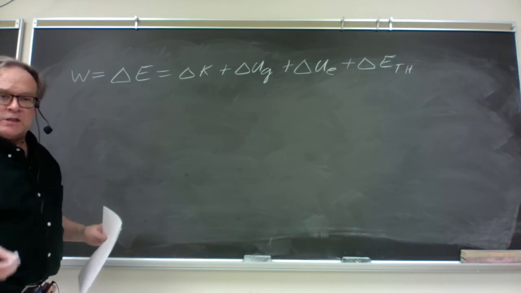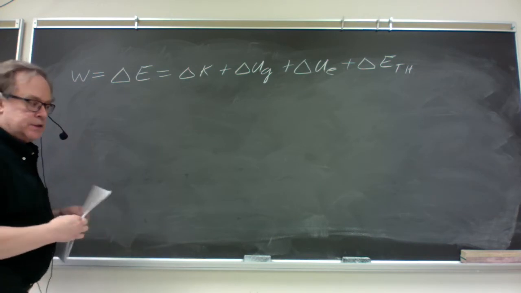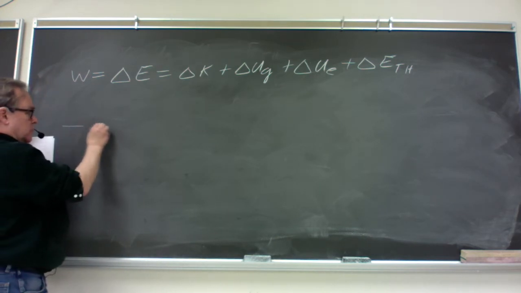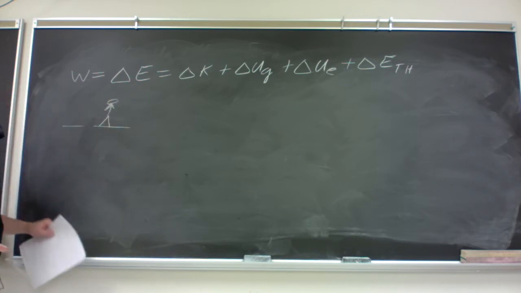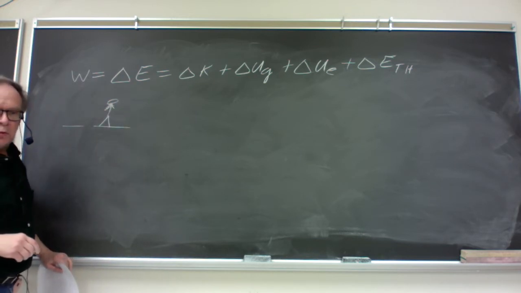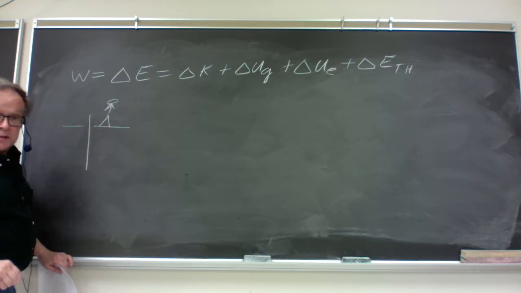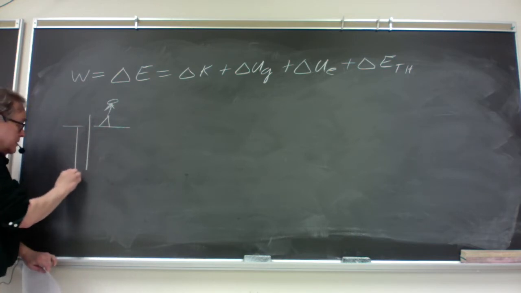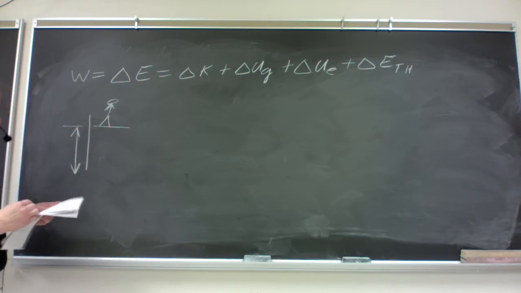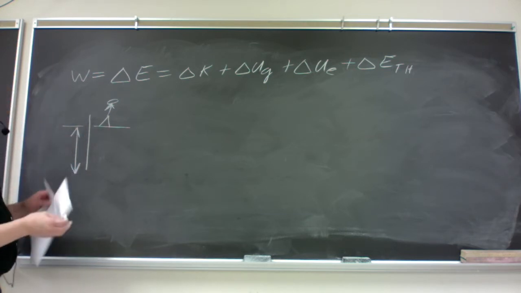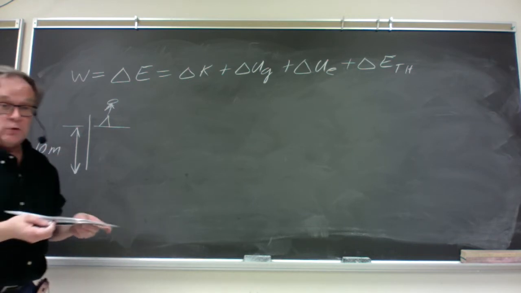We'll look at a specific example here. Let's say there's a firefighter on the 2nd floor of the firehouse, an old-fashioned firehouse with a pole to slide down, and the firefighter slides down a distance of 10 meters from the 2nd floor down to the ground floor.